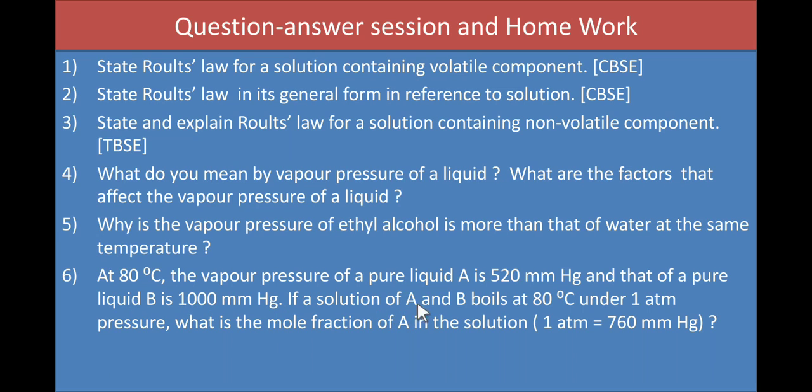If a solution of A and B boils at 80 degrees C under 1 atm pressure, what is the mole fraction of A in the solution? 1 atm equal to 760 mmHg is given. The answer of this problem is 0.5.